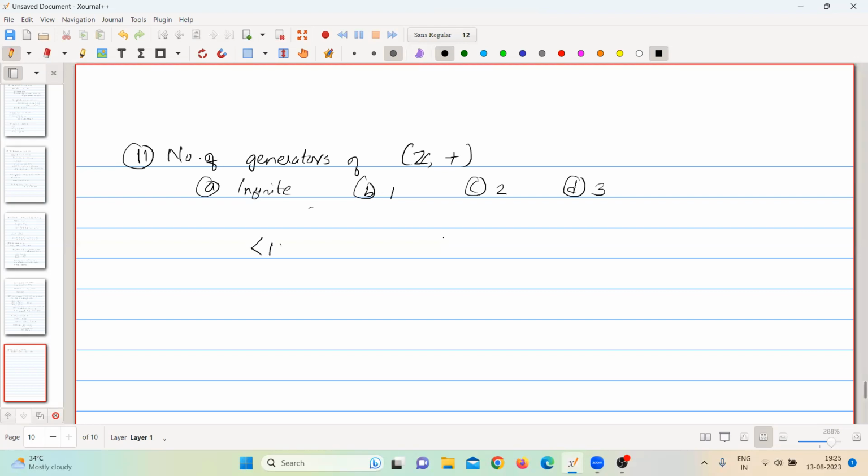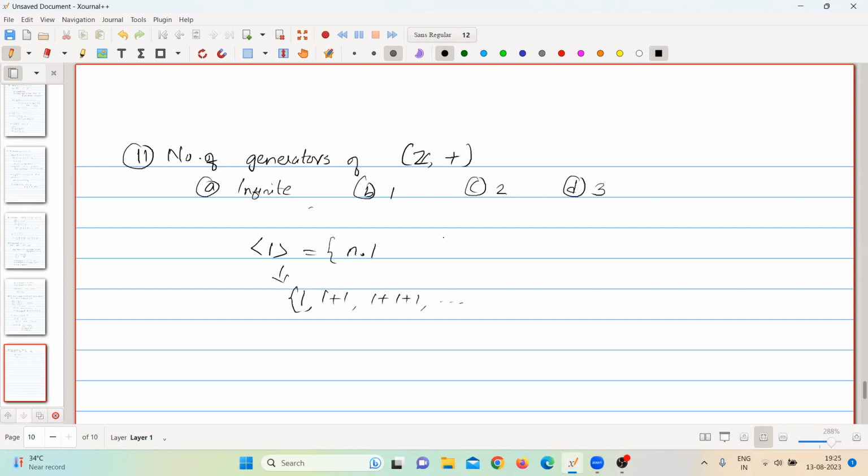What we need to find is 1 power n. Here the operation is addition, right? So 1 power n basically means 1 plus 1, so instead of 1 power n we can write it as n times 1. We take 1, then 1 plus 1, then 1 plus 1 plus 1, etc.